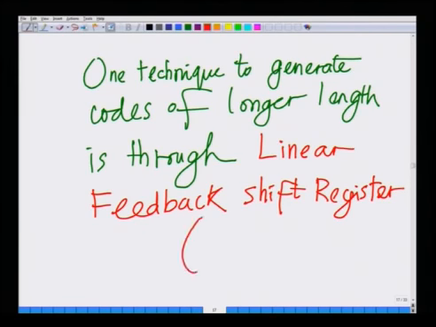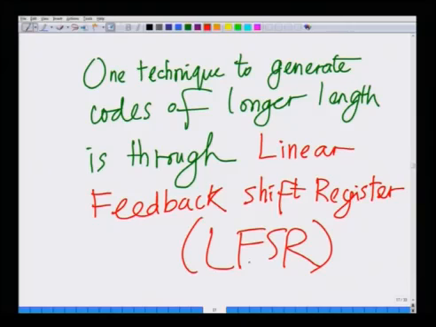All right. This is also abbreviated as LFSR, where L stands for linear, F stands for feedback, S stands for shift, and R for register. So one technique to generate such sequences is through linear feedback shift registers.